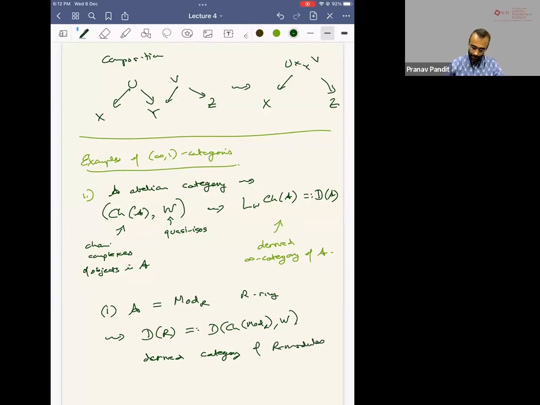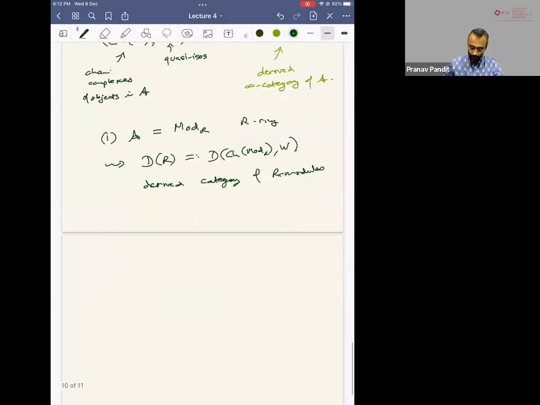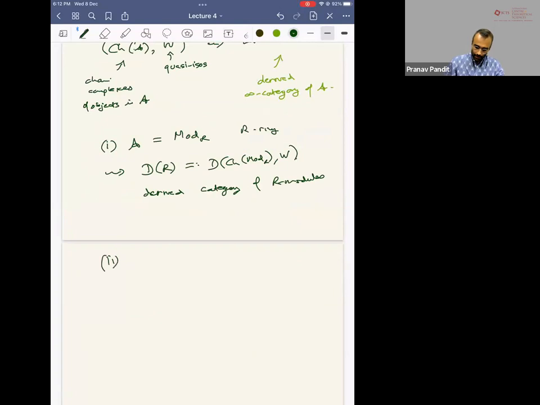You could also take a more global geometric version of this. You could take A to be coherent sheaves on some scheme. Again, if you've not seen coherent sheaves before, you can think of these as some generalization of vector bundles, holomorphic vector bundles on a complex manifold. On a scheme X, then, oh, sorry, okay, let me take quasi-coherent sheaves.